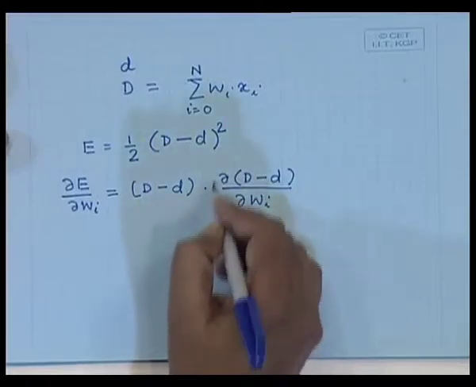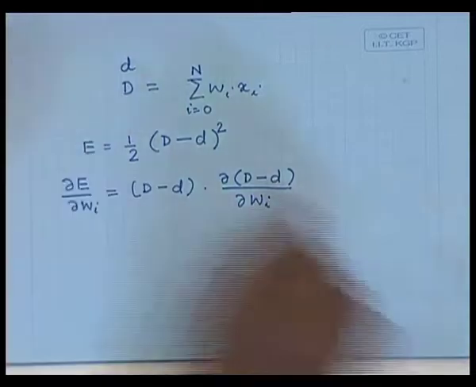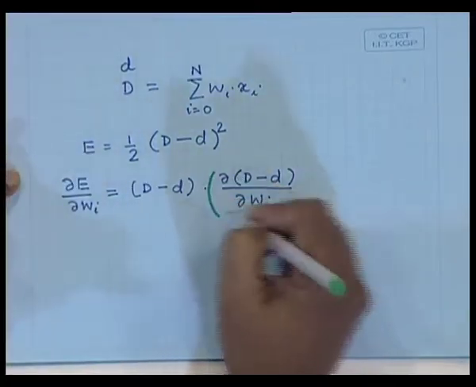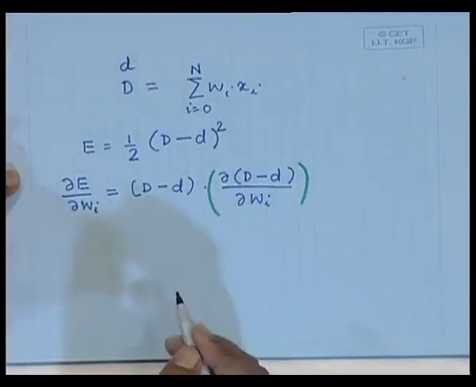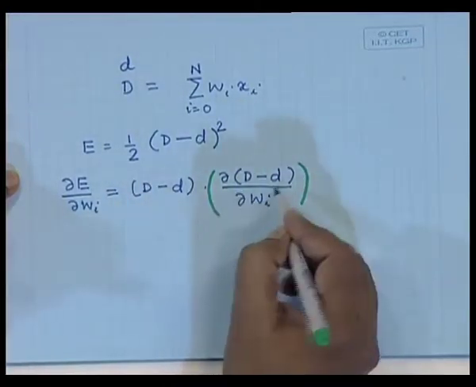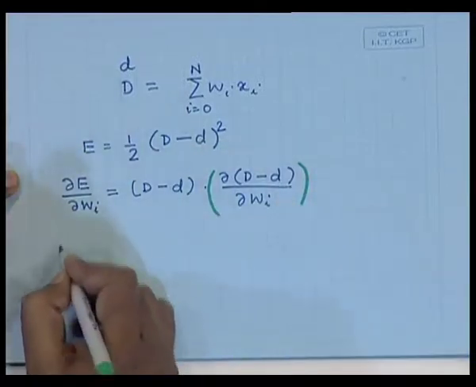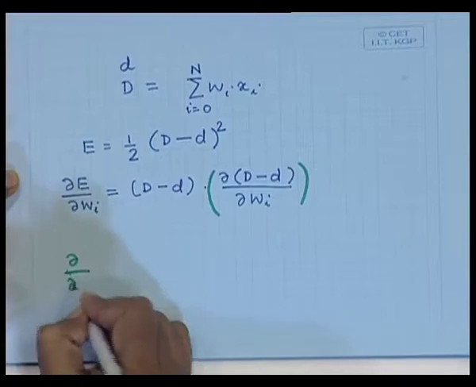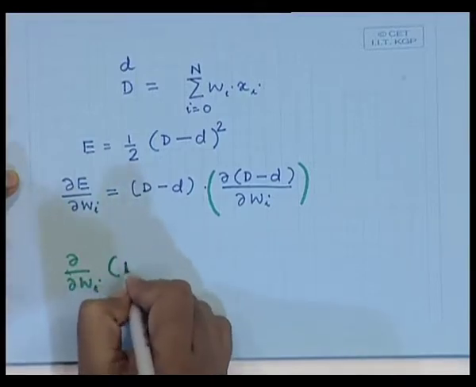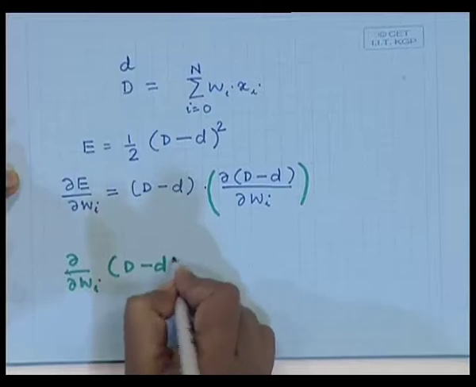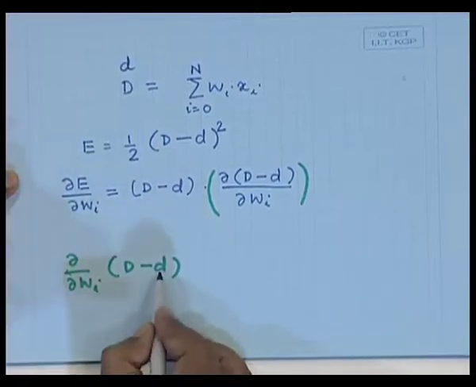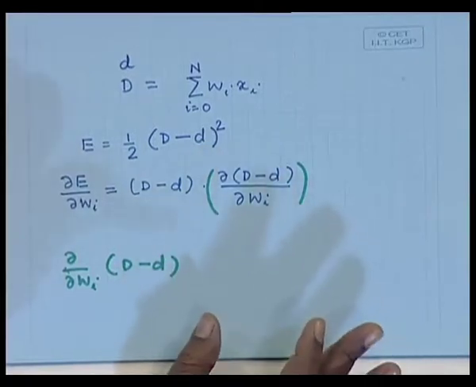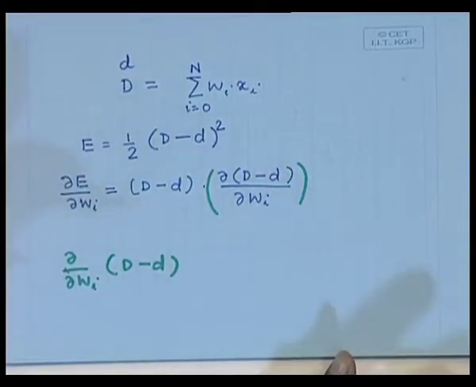If I concentrate on this particular term, because there was a question on how we get this: what I am trying to find is del wi of (D minus d). Lowercase d is our expected or target output, so that is fixed.